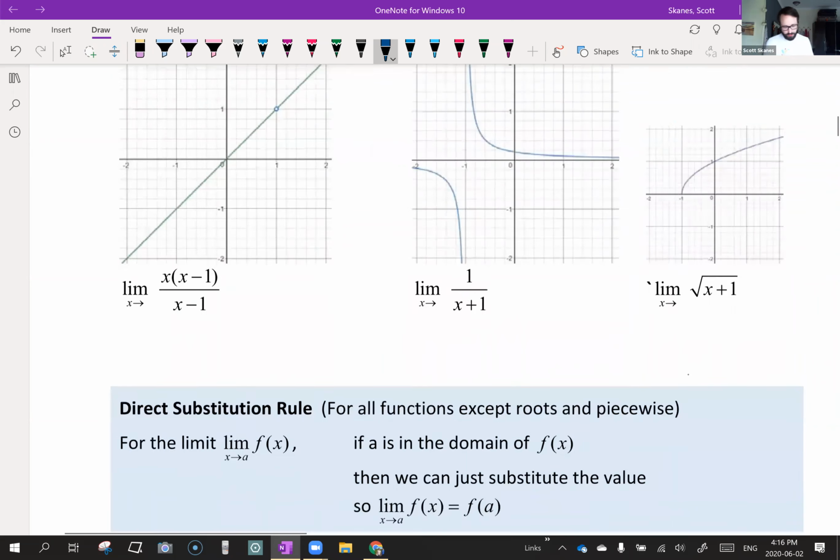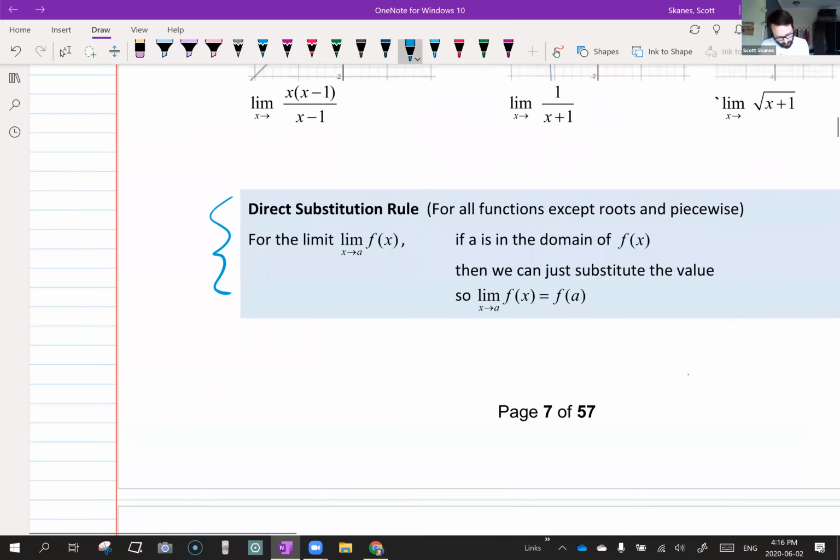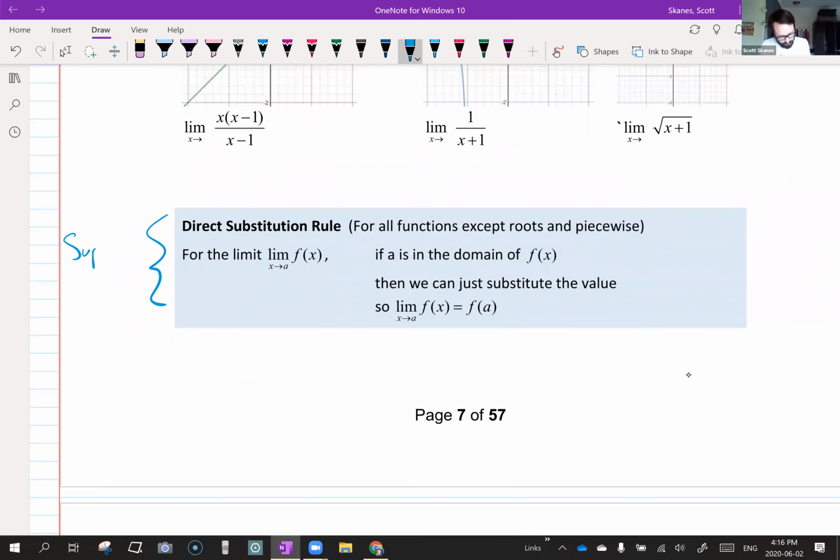What I do want to show you, and this is probably the most important thing in the whole unit, and I mean that literally, this concept is the most important thing for limits. It's the direct substitution rule.